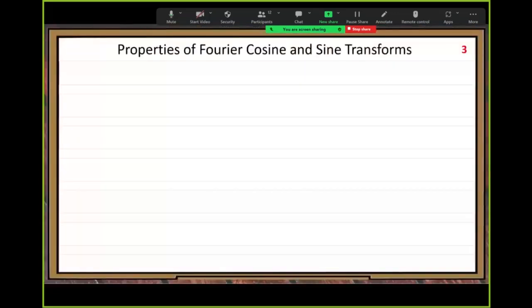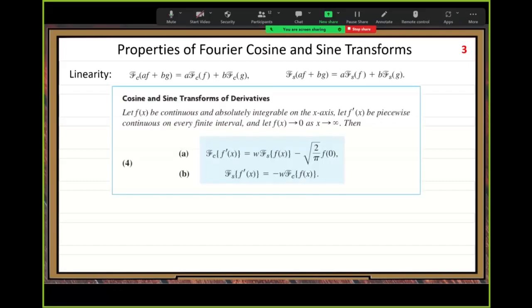These two transforms are defined by integrals, and we know integrals have the linearity property. So when you apply the Fourier cosine transform on a linear combination of two functions, you can use the linear combination of their two Fourier cosine transforms. In your calculation, use this property, very convenient. Similarly, for the Fourier sine transform, you have this linearity property.